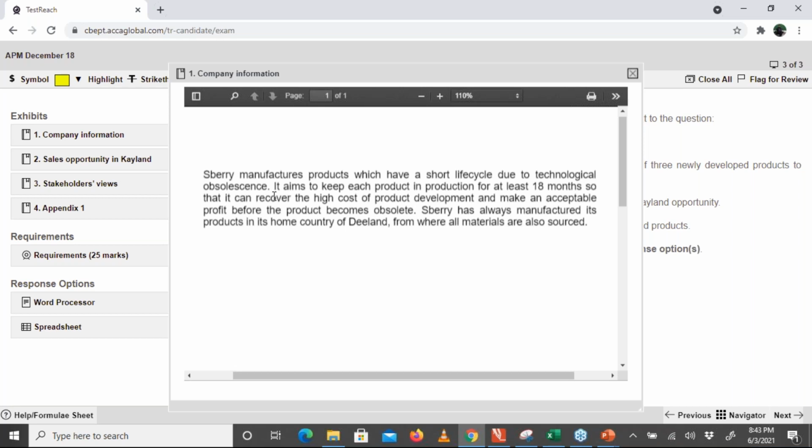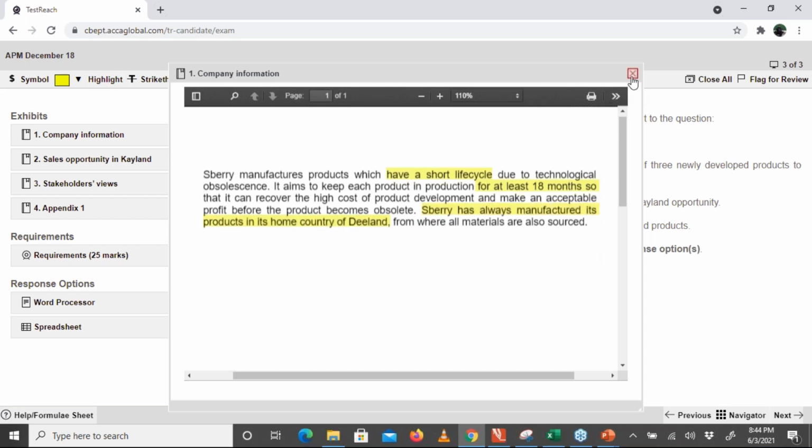Now, it says it aims to keep each product in production for at least 18 months so that it can recover the high cost of product development and make an acceptable profit before the product becomes obsolete. So they want to keep the product at least 18 months. It says Asbury has always manufactured its product in its home country of D-Land from where all materials are sourced.